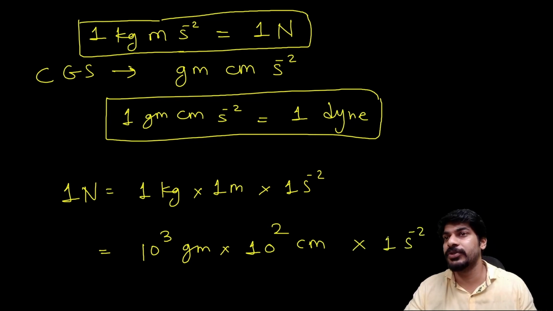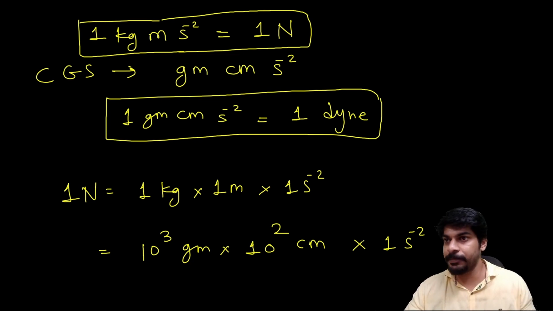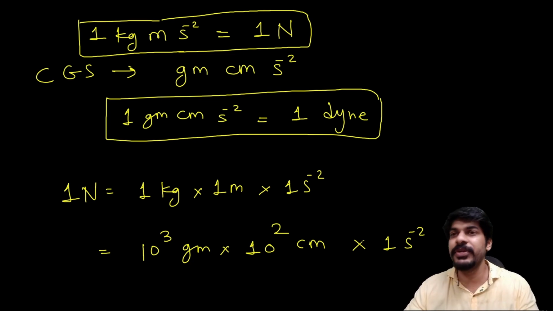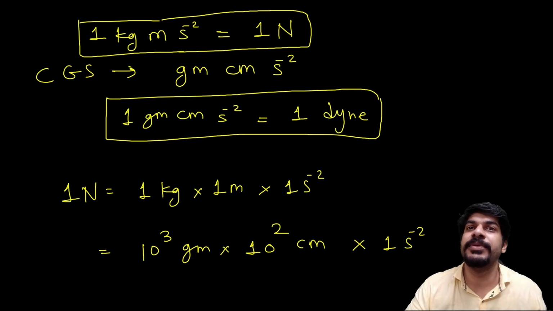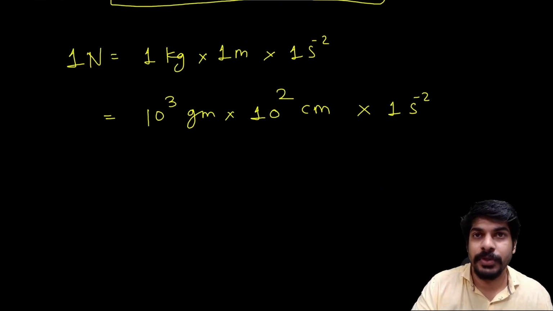Seconds will not change because whether it is CGS, SI or MKS, the unit of time is the same, that is second. So 1 Newton is equal to this.